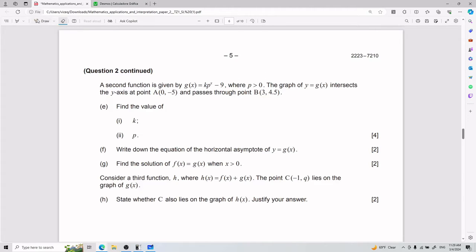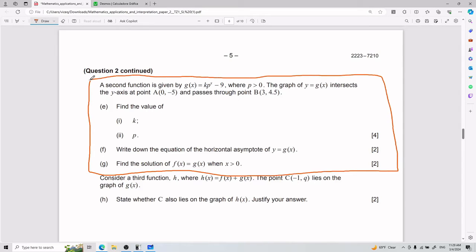Guys, I'm going to say right away, this right here could totally be a question for paper 1. This doesn't have much to do with parts A, B, C, and D. Well, the last parts do, like part H and G. But this by itself is its own exercise.